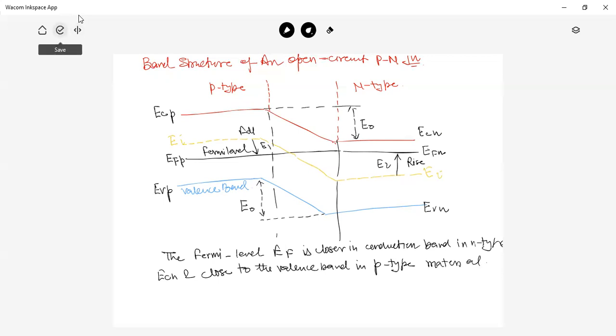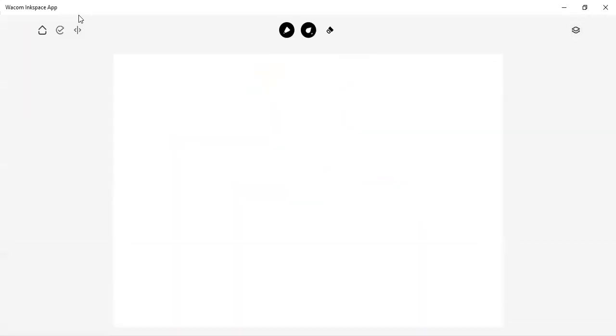So we can have the shift in energy level, E0, indicated as E0 is equal to E1 plus E2.